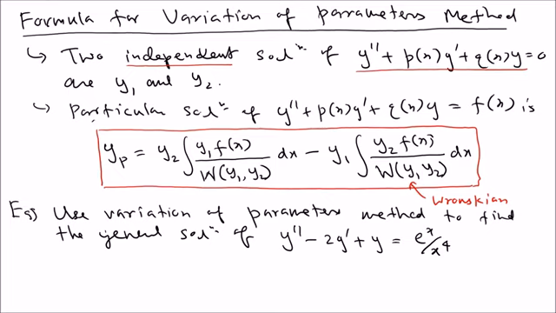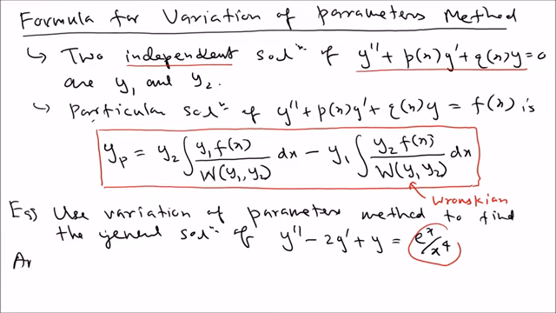You can see that this one you cannot do using the undetermined coefficient method, because there's something in the denominator. When you take the derivatives, the powers get more and more, so it's not going to work. So let's use the variation of parameters.